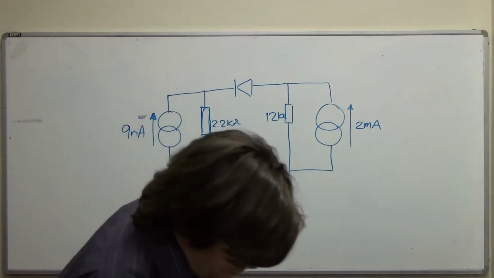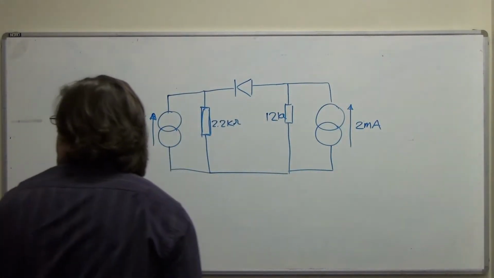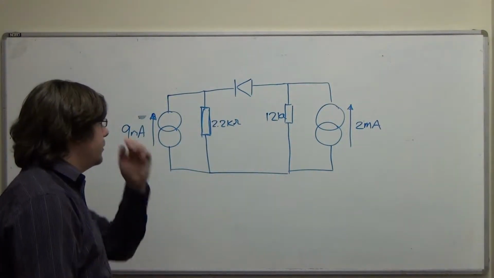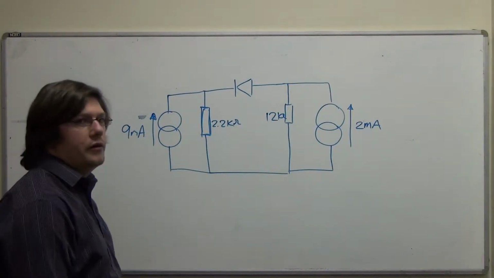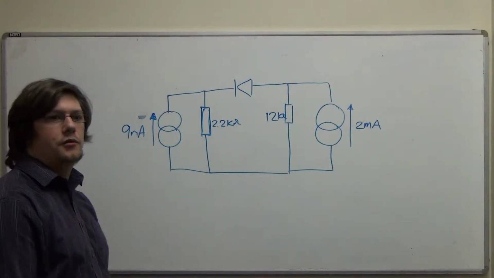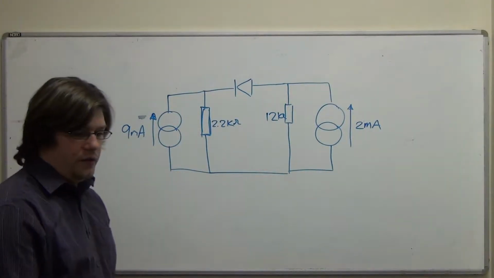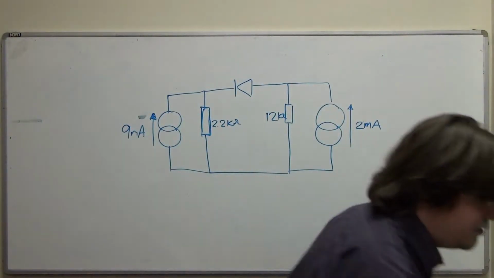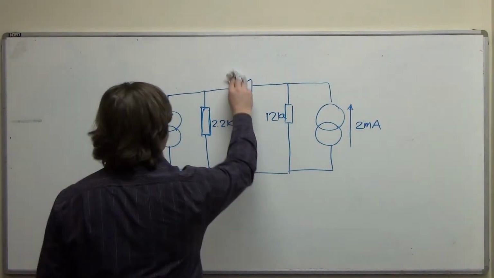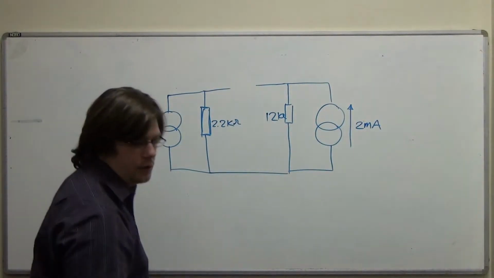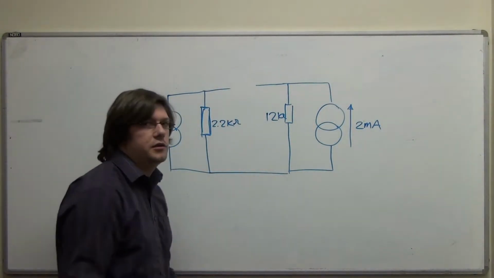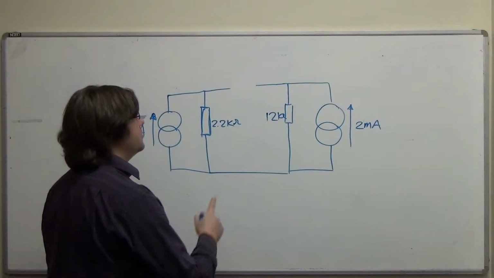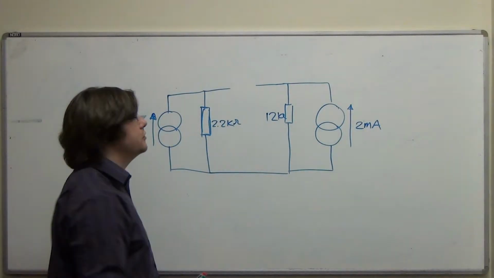We used to do our usual thing of replacing the diode with a battery. Up to this point, I've just been drawing 0.7 volts on and saying there's no current. If you want to, there is no reason why you couldn't say, I'm going to get rid of the diode. We know it is switched off, but it's on the point of conduction, which is a very special state of switched off.